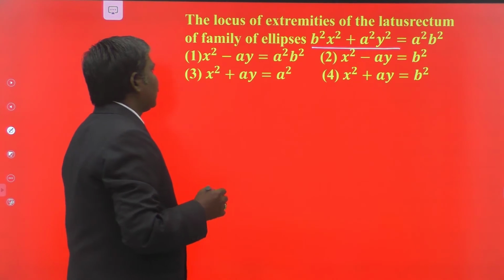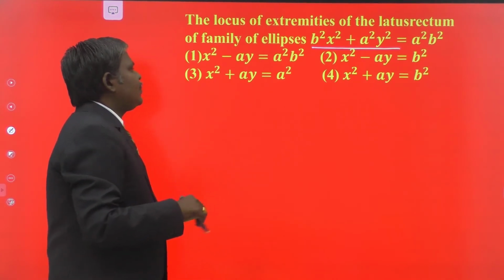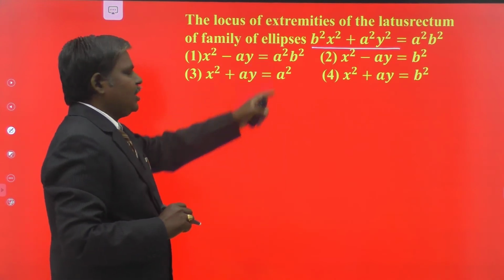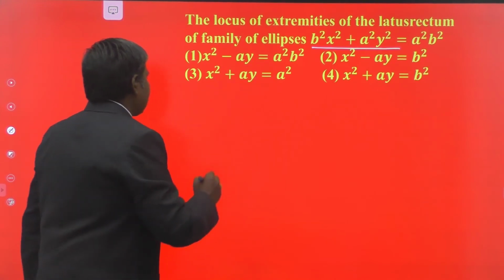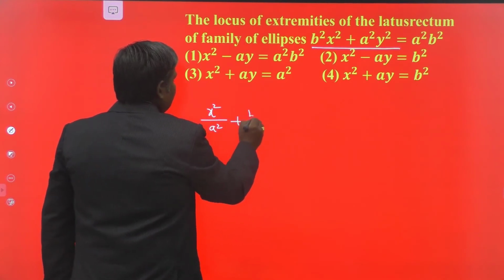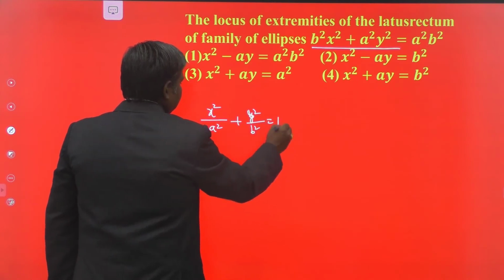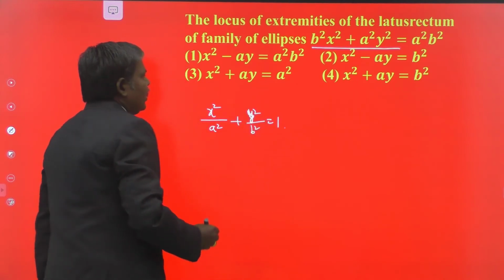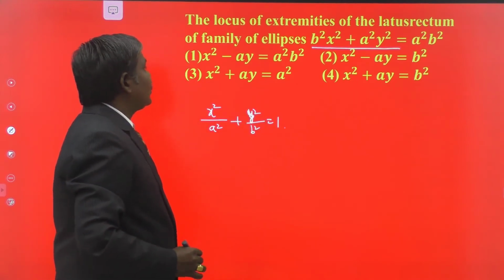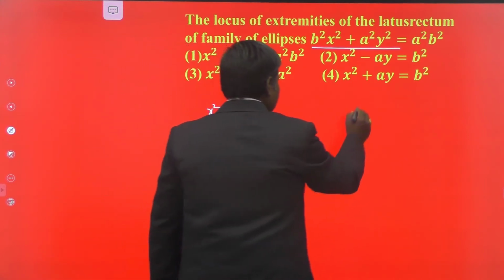This is a very good ellipse. It is nothing but simply x square by a square plus y square by b square is equal to 1.